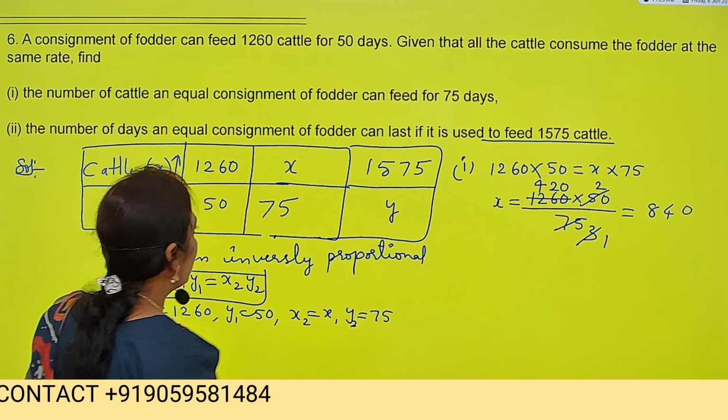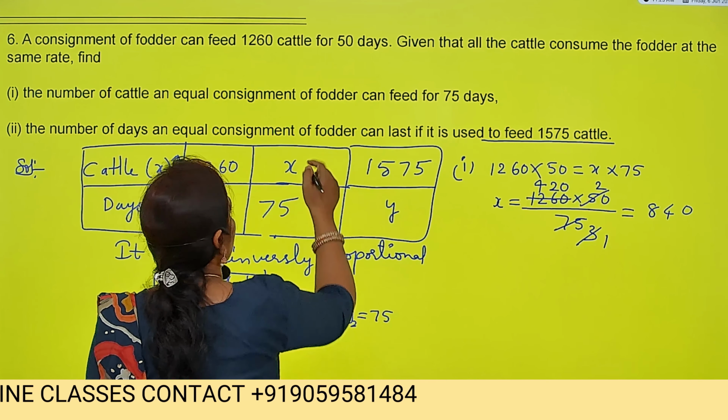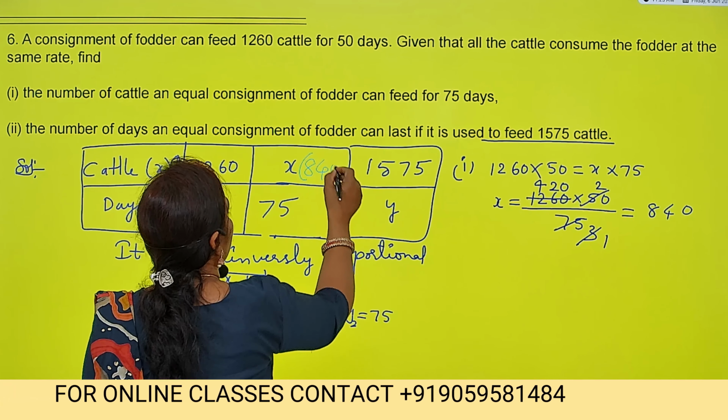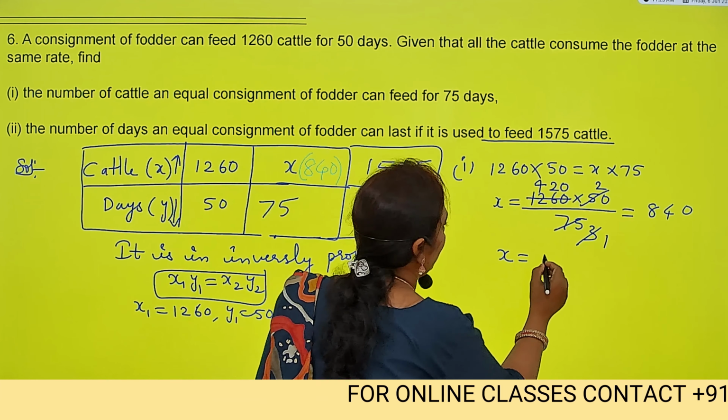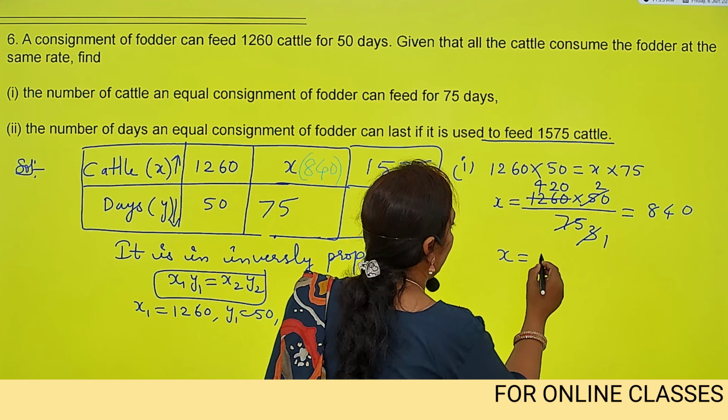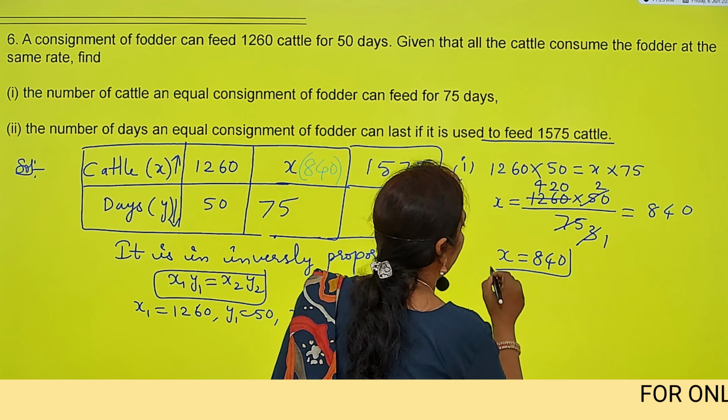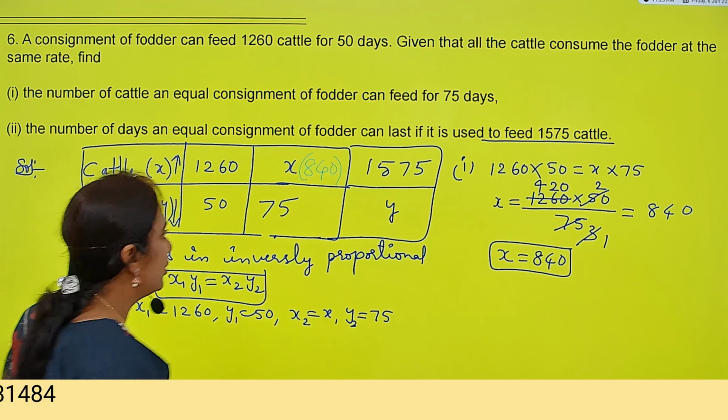So the x value is 840, the number of cattle to feed for 75 days. 840 is the answer for the first question.